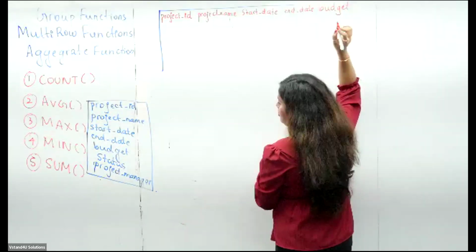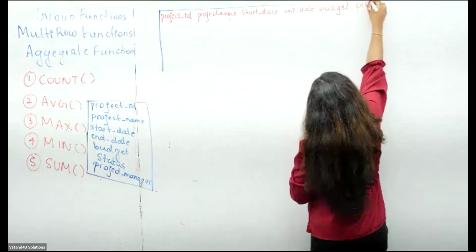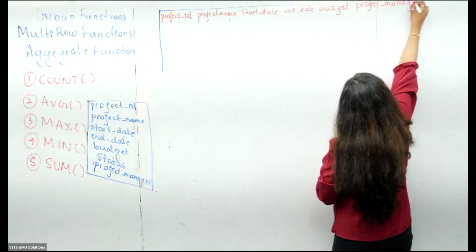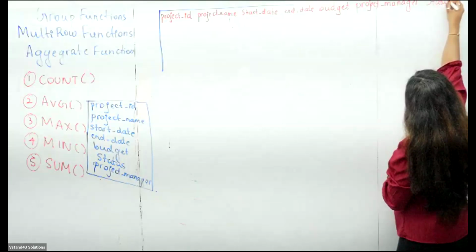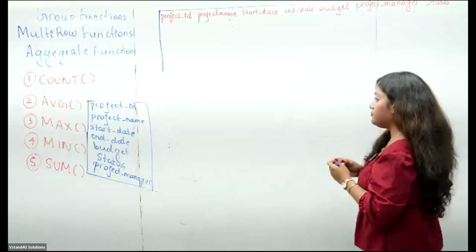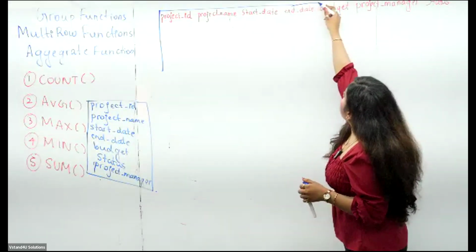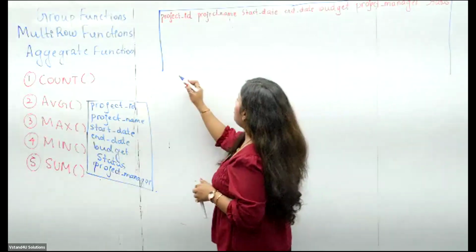Then let me give here project manager. And at last you are supposed to have something called status. Online students, are you following?